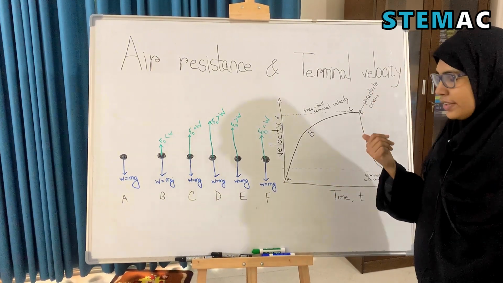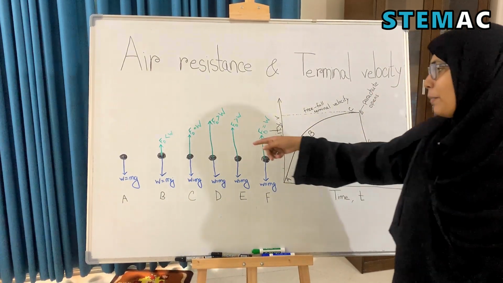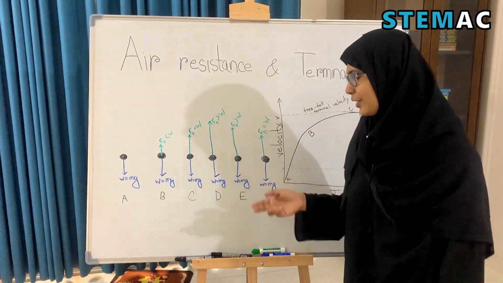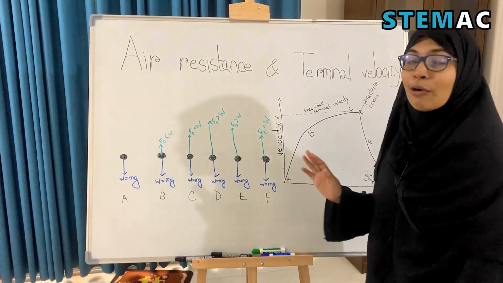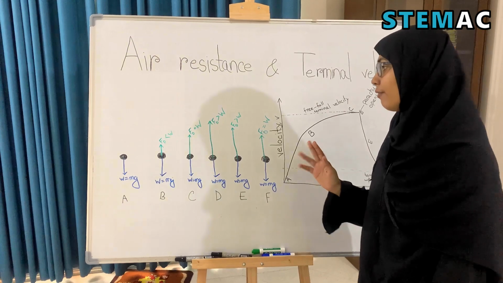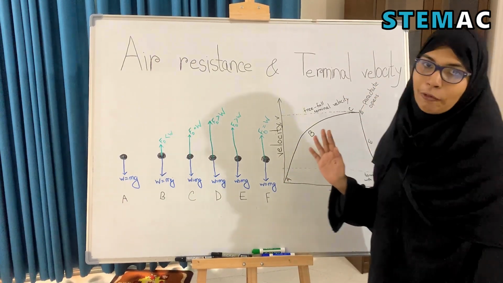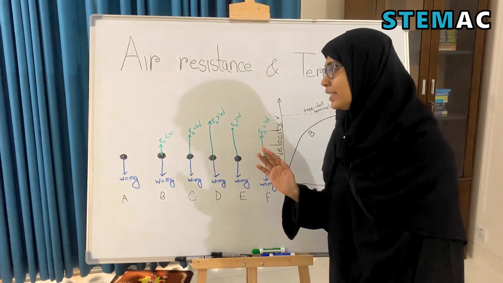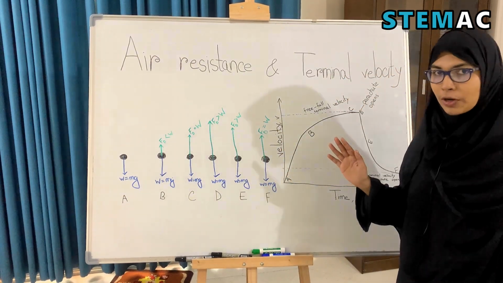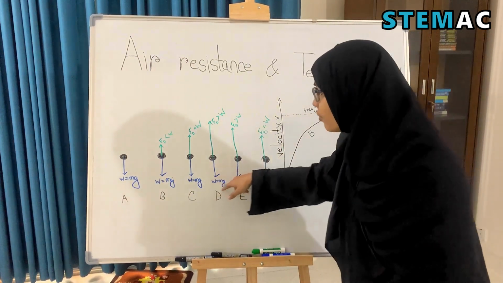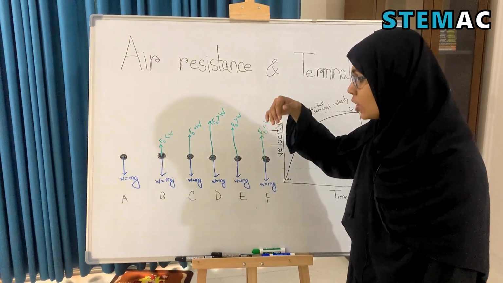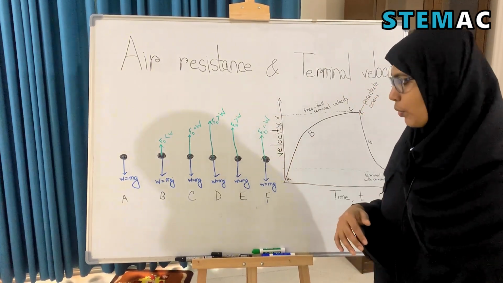You might think, why is the person not moving upward? It's because friction or air resistance does not cause a person to move. It just opposes the motion of the object, and here weight force is causing the person to move downward.